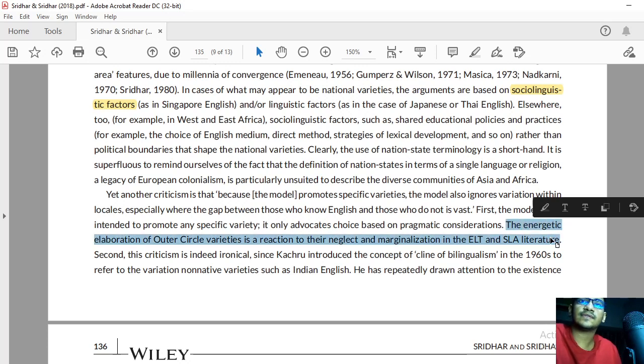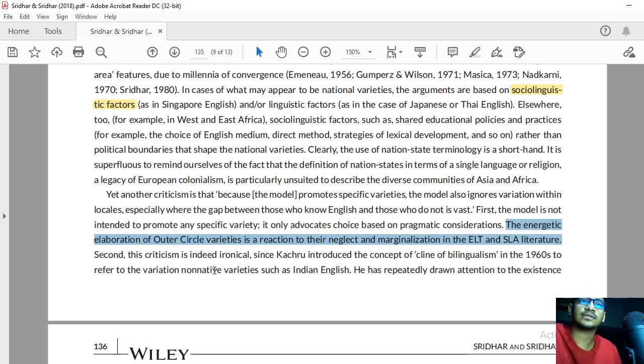Still, the amount of research that has been done in Bangladesh regarding ELT, SLA, world Englishes is not very much in quantity. So when Kachru was writing, this was especially much more the case. He wanted to put us on the map, and not only us but also other countries that he put in the outer circle.